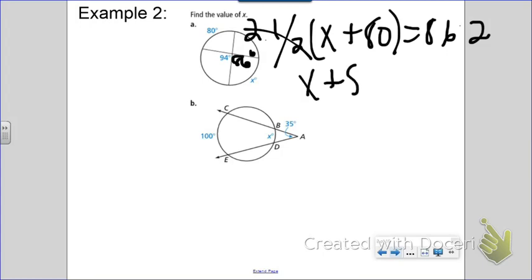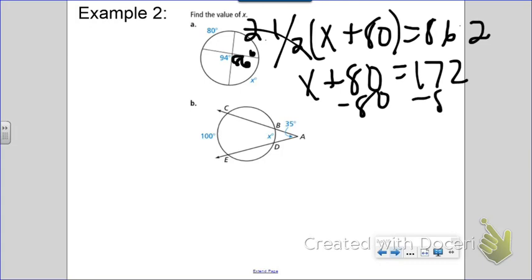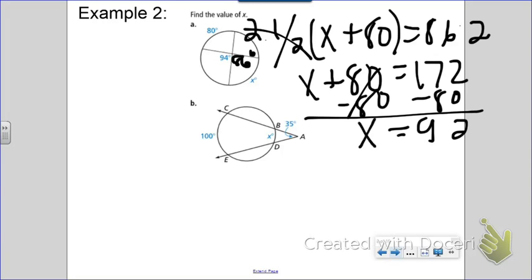X plus 80 equals 172. 172 minus 80, so we get 92.